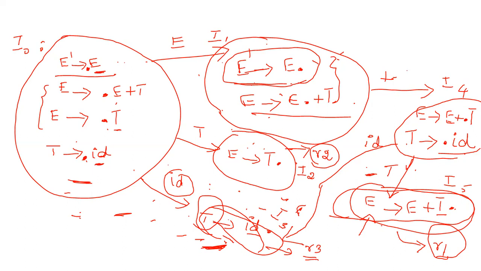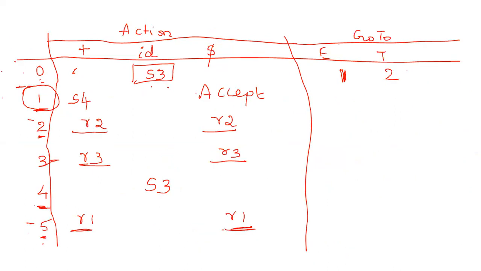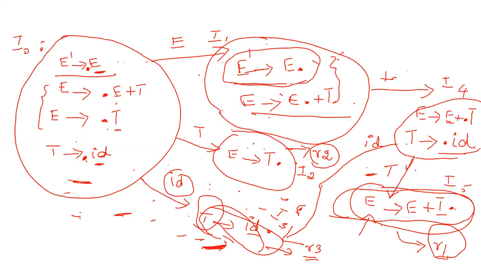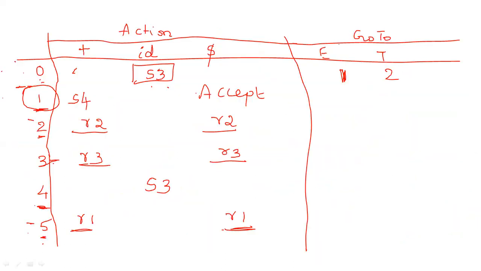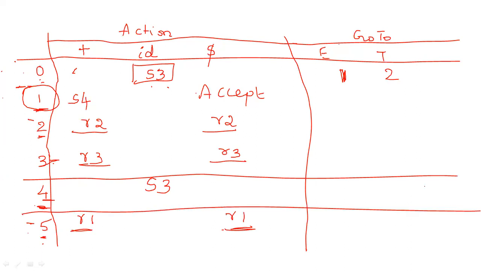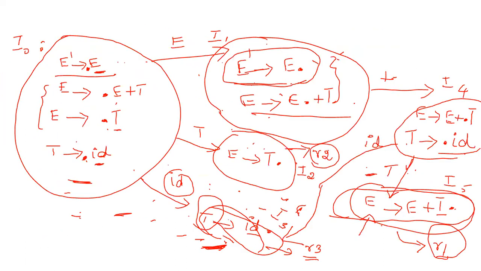For I4, I will be giving two inputs, and among them one is non-terminal, capital T. So I4, giving T as input, will transfer to I5. So 4, T goes to 5. And for I5, I won't give any input. Yes, that's it.